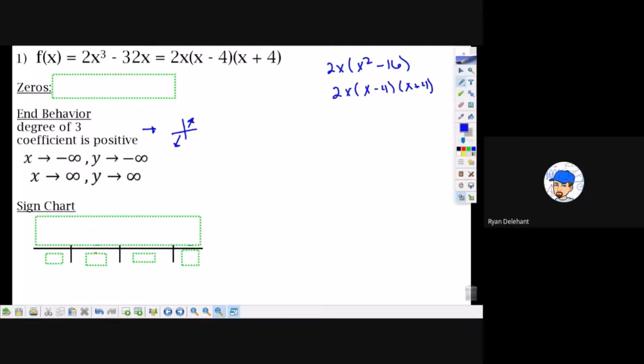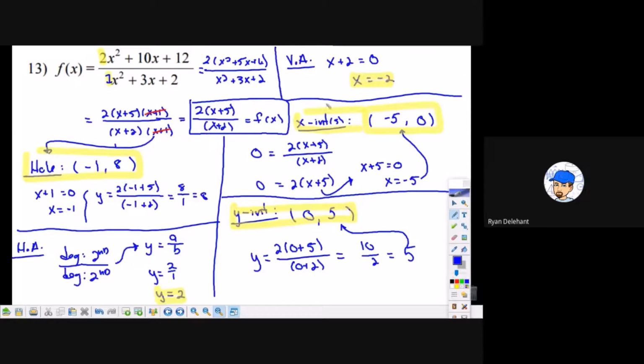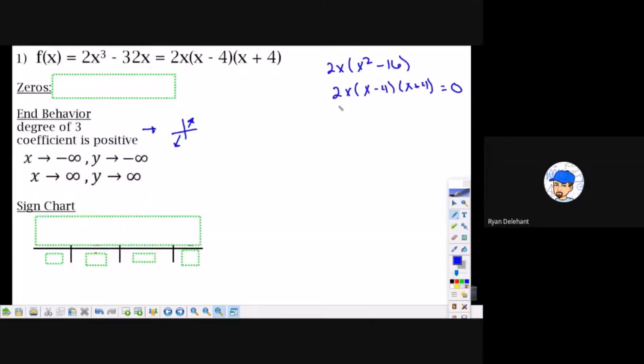Now, when we go through and we find zeros, the reason we're calling them zeros here is what makes that equal to 0? Just like what we were doing over here, when we were setting these things equal to 0, we set each part of this equal to 0. So 2x equals 0. X minus 4 equals 0. X plus 4 equals 0. This will tell me all the x-intercepts of this factored function.